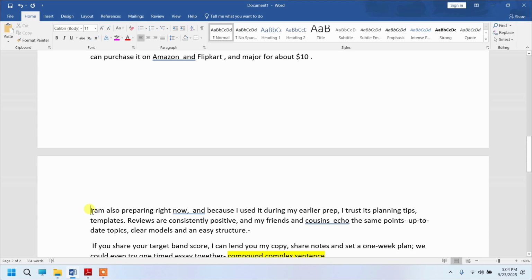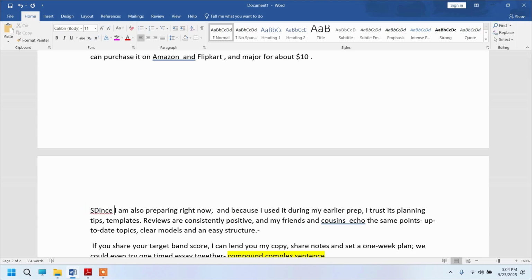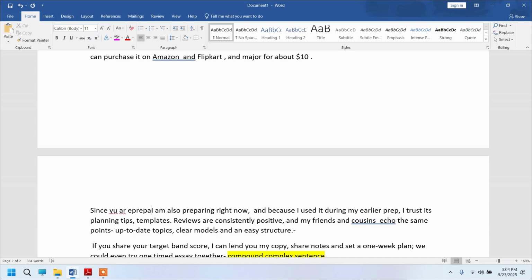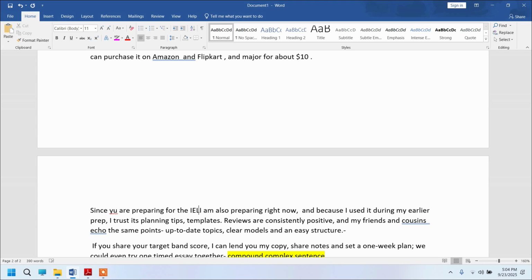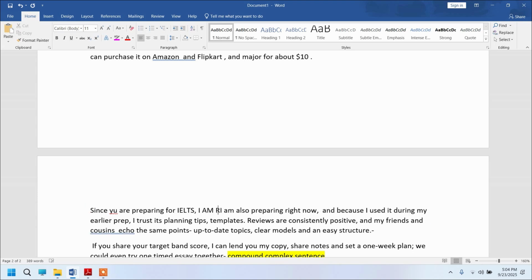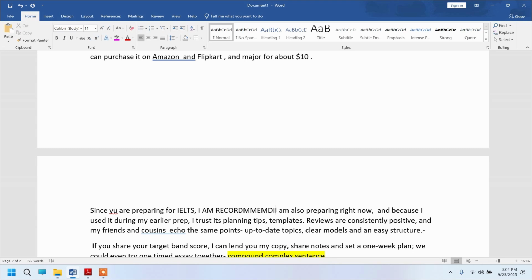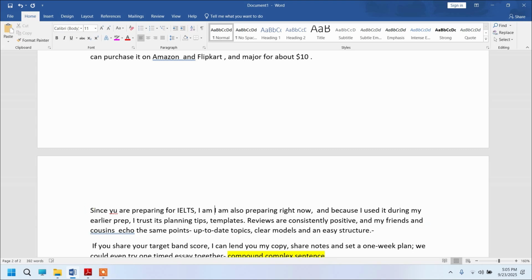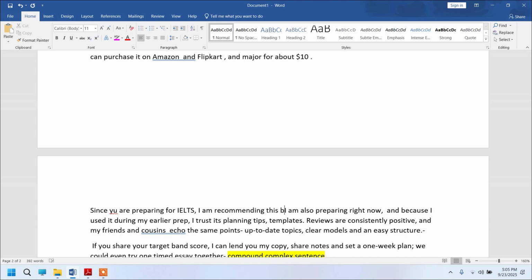I'll say, since you are preparing for the IELTS exam, I am recommending this book.